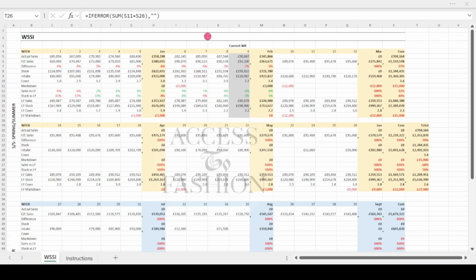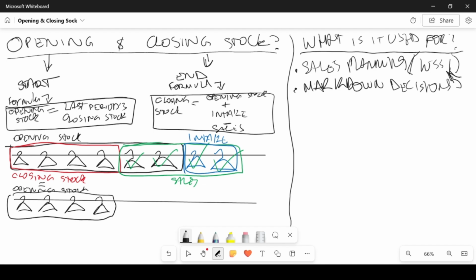So now let's go back to the whiteboard. Our last key thing that it's used for is cash flow.